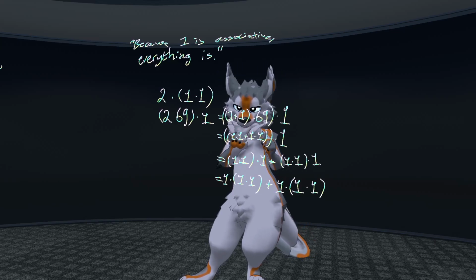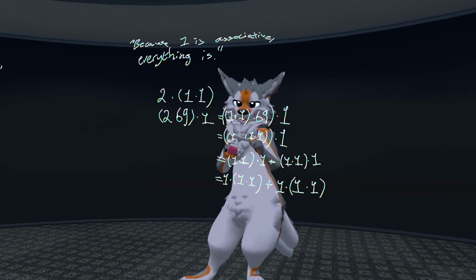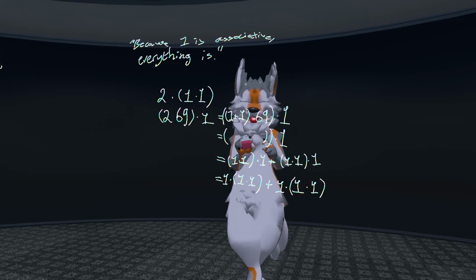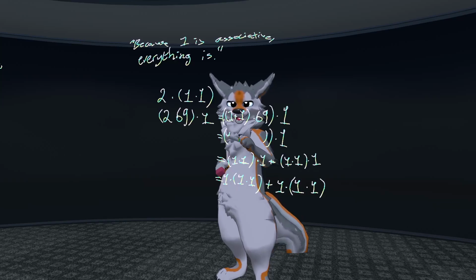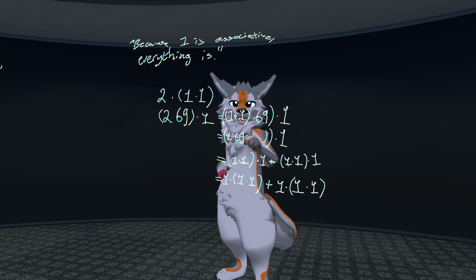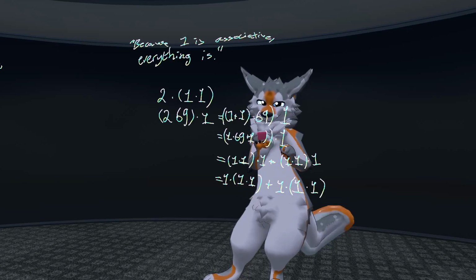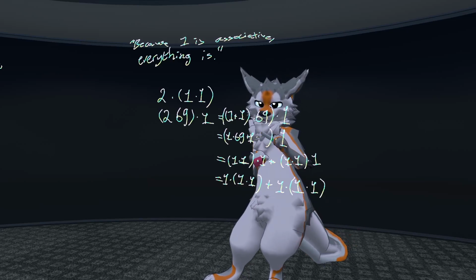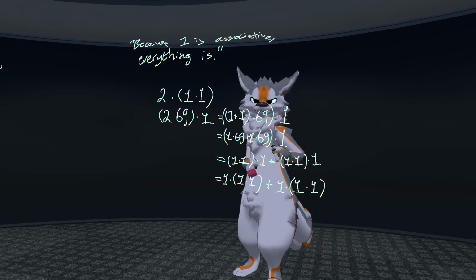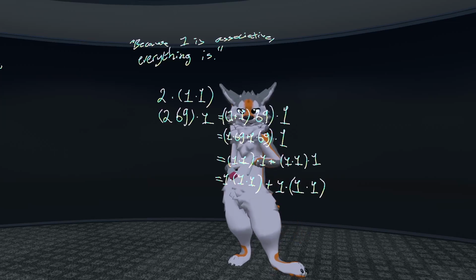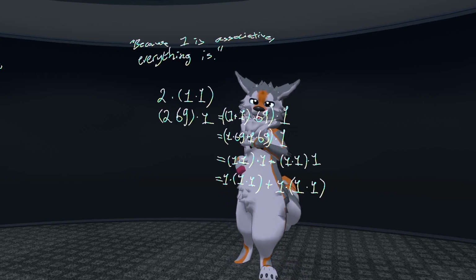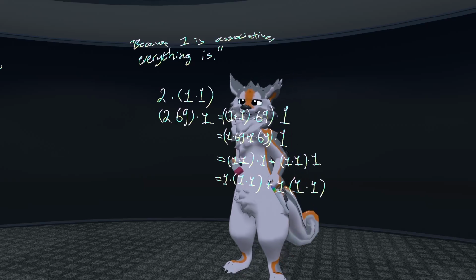And then here, when we use right distributivity, which way is the eraser? Is it this? No, it is the red end of it, I think. Okay, so 1 times 69. Let me just rewrite that entirely. So 1 times 69 plus 1 times 69, right? And then we can distribute this 1 on the right again.